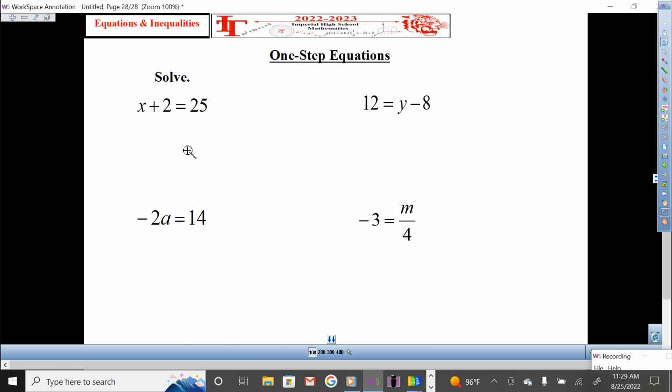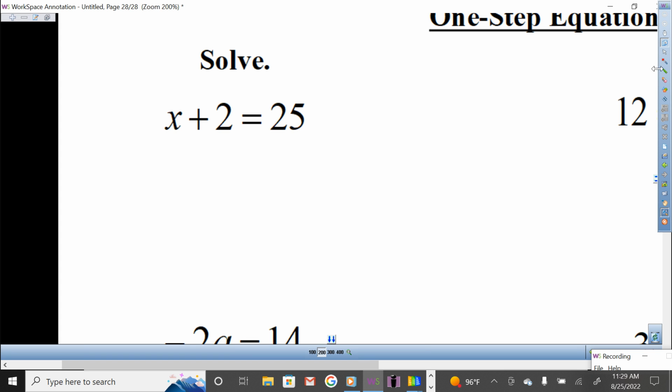So check this out. You're just paying attention. I'm going to zoom in. Look at this one. Writing utensils down, look up to the screen. Here it goes. I have the equation x plus 2 equals 25. To solve, me, Mr. Q, I like to do this. I need to set it like if it was a balanced scale.